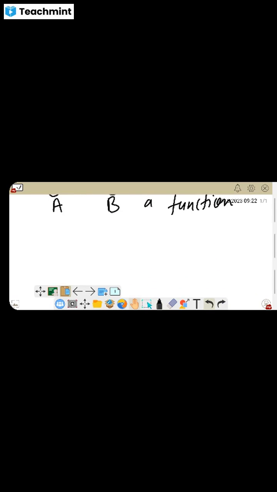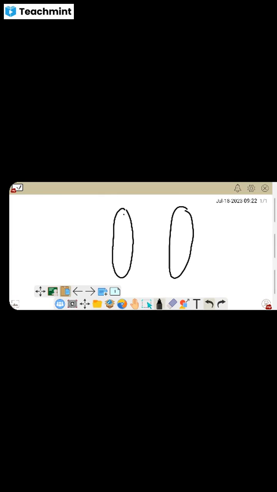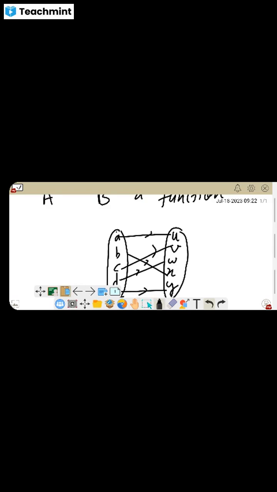Let us understand image and pre-image well. Let us define a function with A, B, C, D, E and U, V, W, X, Y. A with U, B with X, C with V, D with W, and this with Y. This is set A, and this is set B, and this is a function.